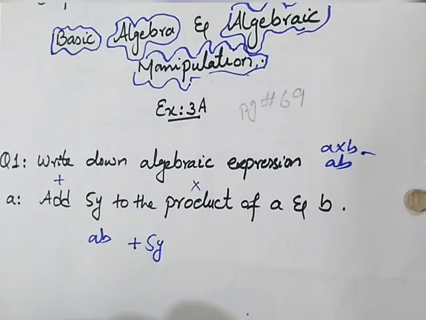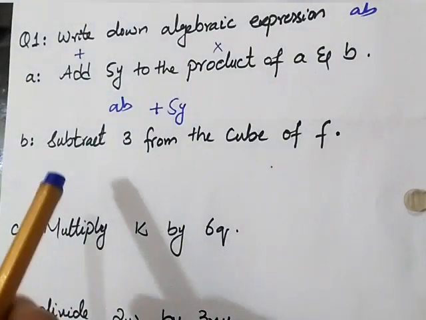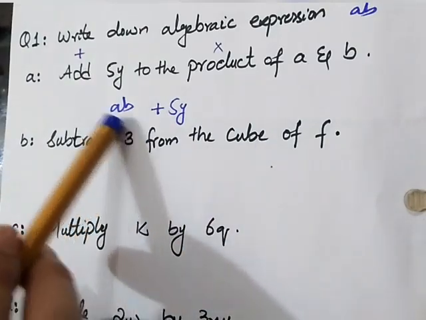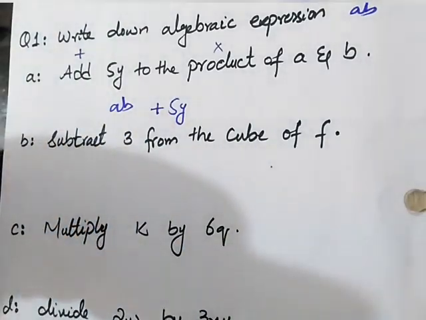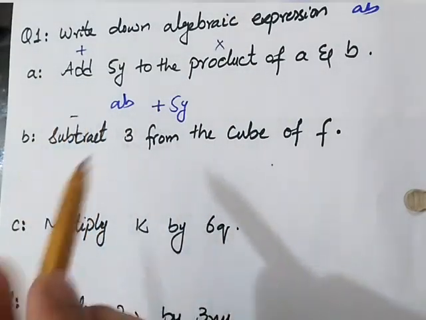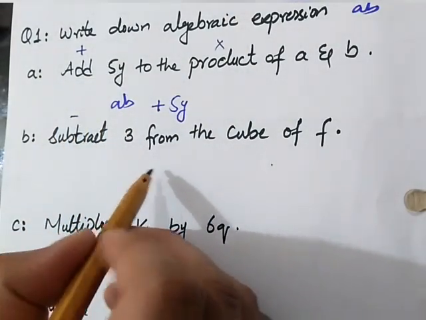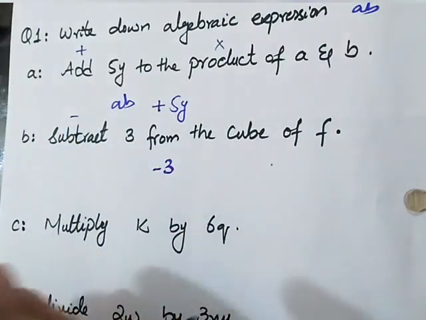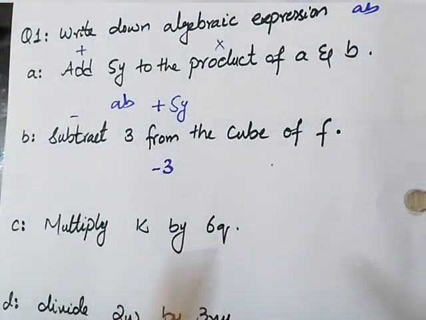Now we have part B: Subtract 3 from the cube of f. We have to subtract. You know the sign of subtract is minus. So 3 is going to be subtracted, without thinking any other thing, just put minus 3. Now from which?